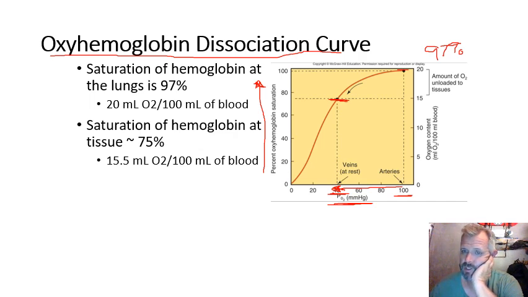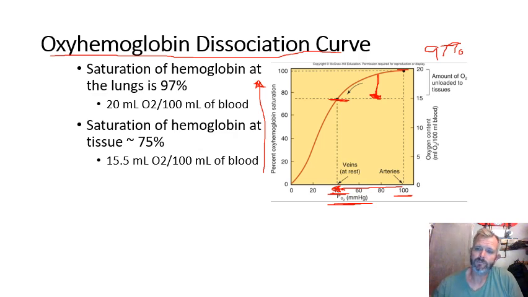Okay, so this here tells you how much oxygen was unloaded when we went from the arteries to the veins. That means in between here are the capillary beds, and you can see how much oxygen is released or unloaded.